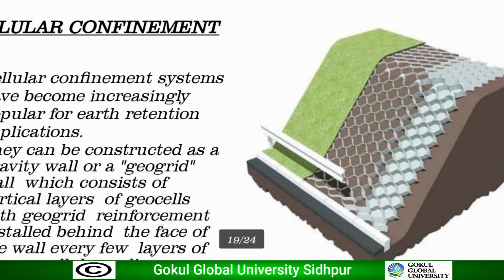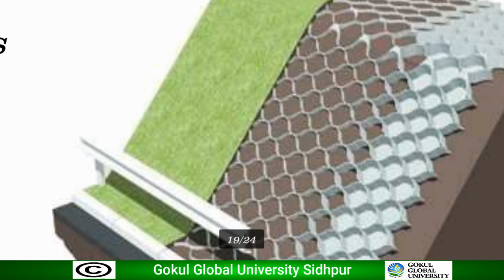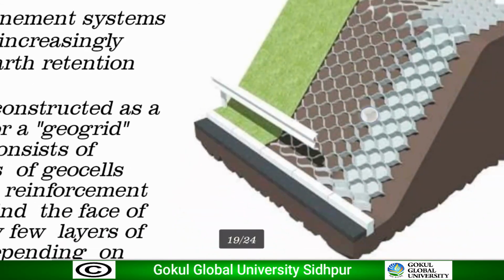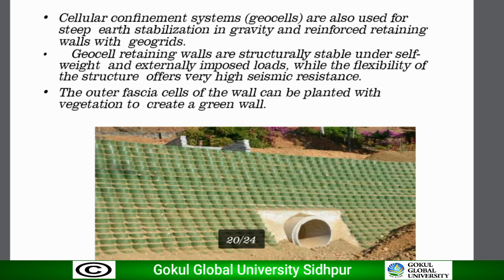In the figure we can see geocell provided, and after that reinforcement is provided and binding with this geocell confinement. Cellular confinement systems or geocell are used for steep earth stabilization in gravity and retaining walls with geogrid.